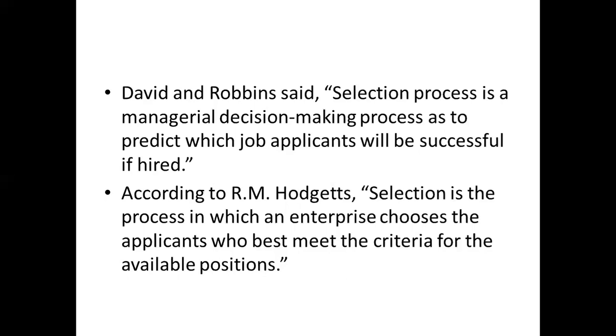So it is a process in which an enterprise, the organization, chooses the applicants who best meet the criteria, who is going to do the best for the given job. So that is selection according to RM Hodgetts. So these are the main four definitions which explain the meaning of selection.